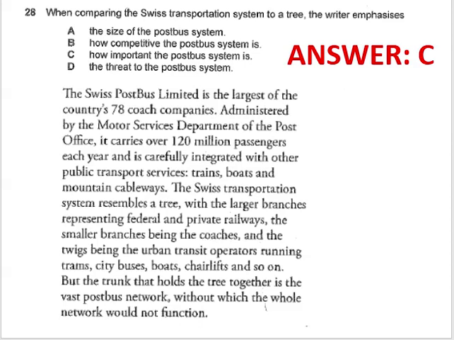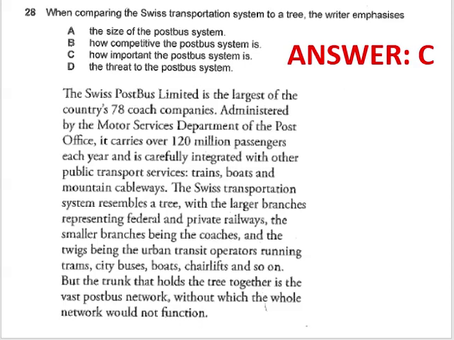So clearly he is telling that although there are multiple branches like various modes of transportation, without the central post bus system which is functioning like the trunk of a tree, there would not be any connection, there would not be any sort of communication carried on. So that is very important.